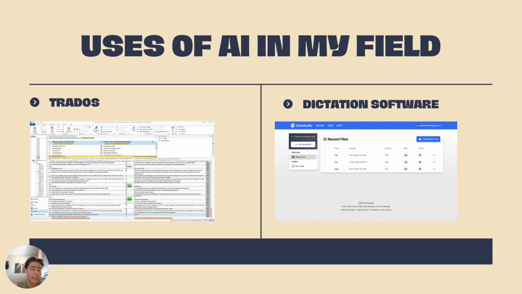So in this case, you put a text in Trados, and the software will translate it with whatever you've provided it. Maybe some sort of glossary or other documents to reference in both languages, both the language of origin and the language that you're trying to translate to.